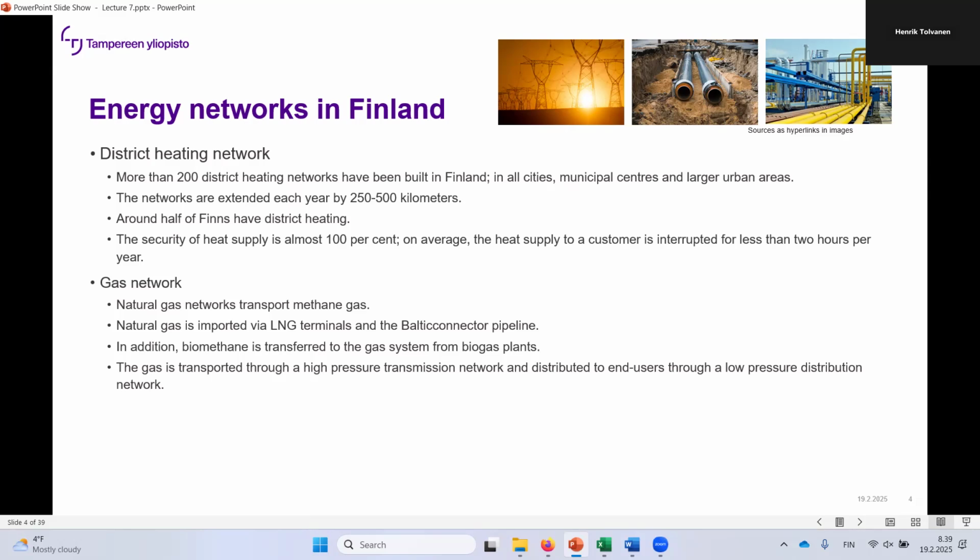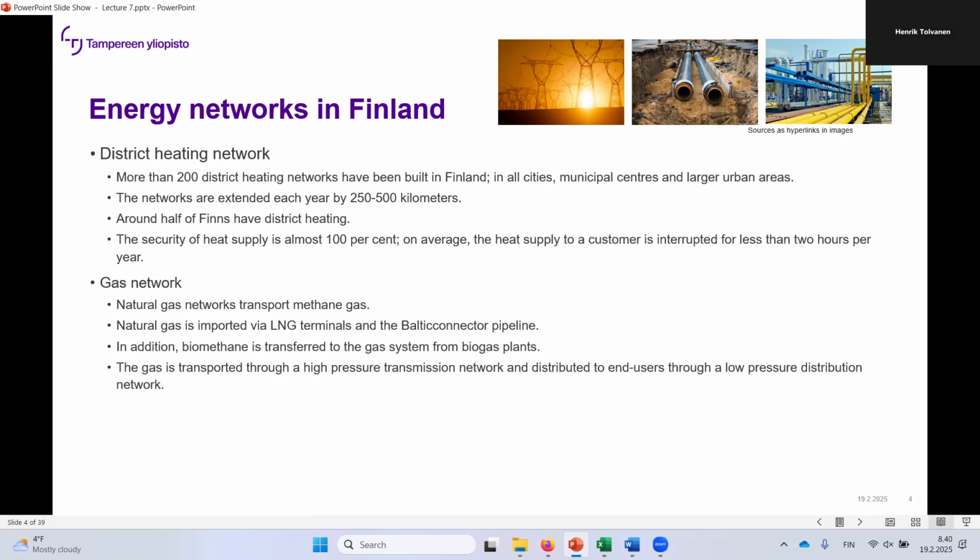For example, in Lempäälä, where I live, between Kuliu and Sääksjärvi, there's a natural gas pipeline. I'm guessing the houses that were built close to 2000 in that area, I think it was somehow mandatory for them to take natural gas heating.